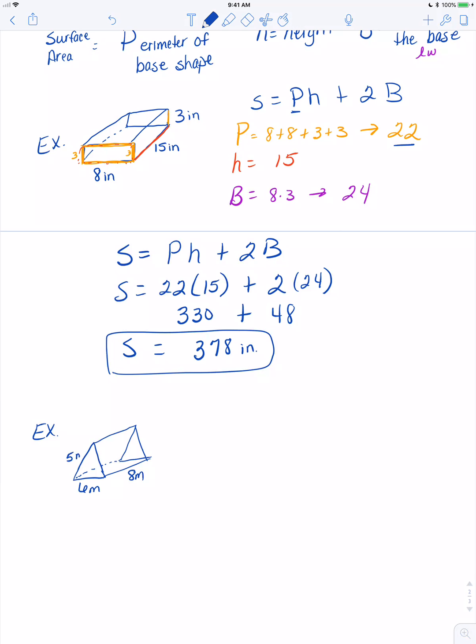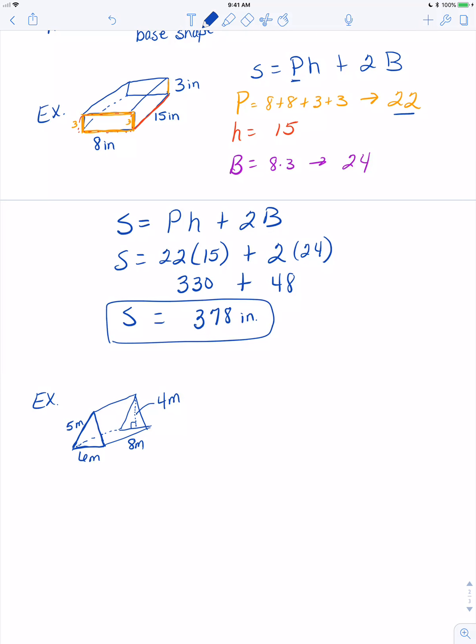This is 5 meters. And then remember, the height of these triangles has to be that perpendicular line, not that slant line. So let's say that one is 4 meters. Okay, so here they're telling us the slant is 5, but the height of the base shape is 4. Okay, so this is where you can sort of get confused.